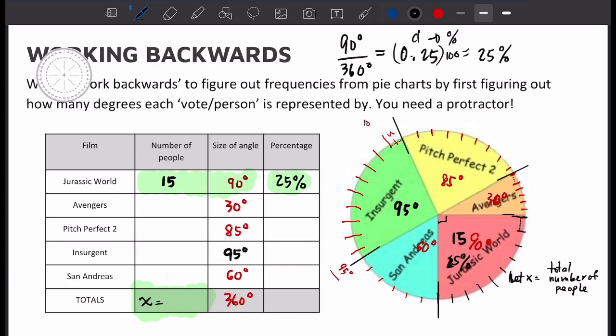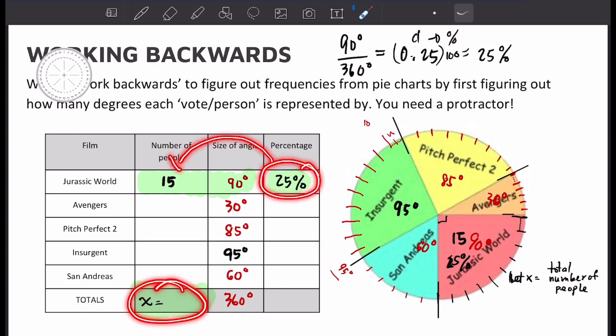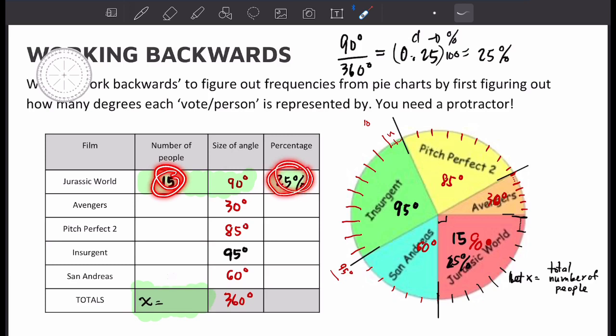Now that means I multiplied the total number of people by a percentage. So I multiply this amount by a percentage, and then I will get the number of people who voted for Jurassic World. Because 15 is 25% of this amount.